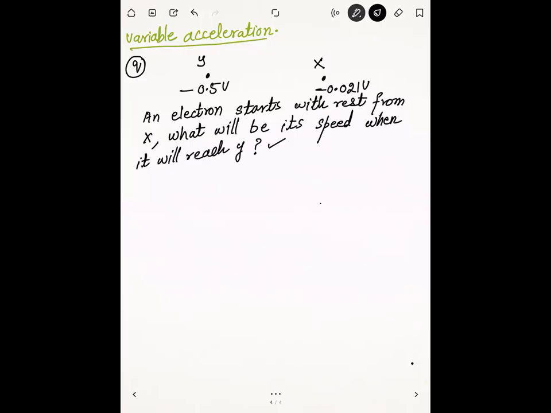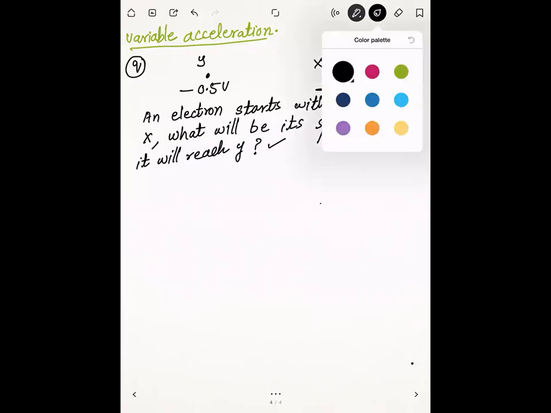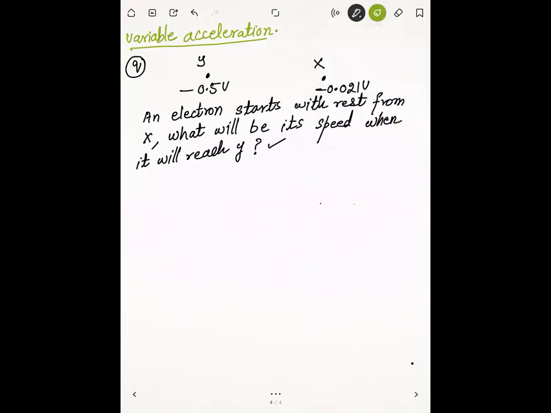So to solve this question, we have to apply the method. Now, first of all, you have to understand it is an electron, which is a negative charge. So electron is moving from X and it is going towards Y. Now, out of X and Y, which has low potential? Potential is a scalar. Sign will be counted in comparison.